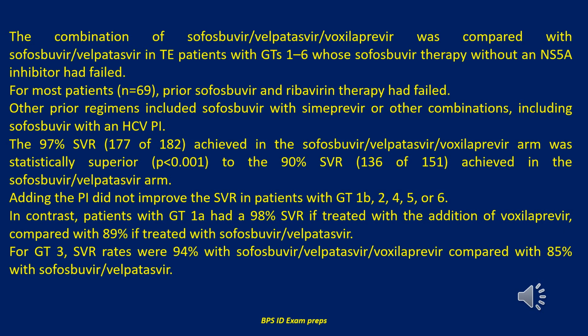Adding the PI did not improve the SVR in patients with genotypes 1b, 2, 4, 5, or 6. In contrast, patients with genotype 1A had a 98% SVR if treated with the addition of voxilaprevir, compared with 89% if treated with sofosbuvir plus velpatasvir. For genotype 3, SVR rates were 94% with sofosbuvir plus velpatasvir plus voxilaprevir compared with 85% with sofosbuvir plus velpatasvir.